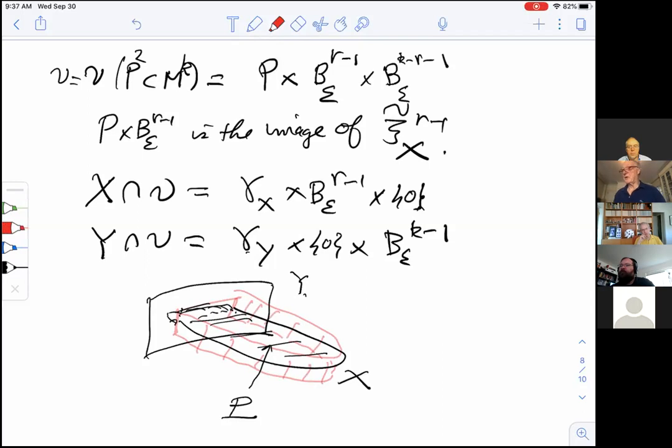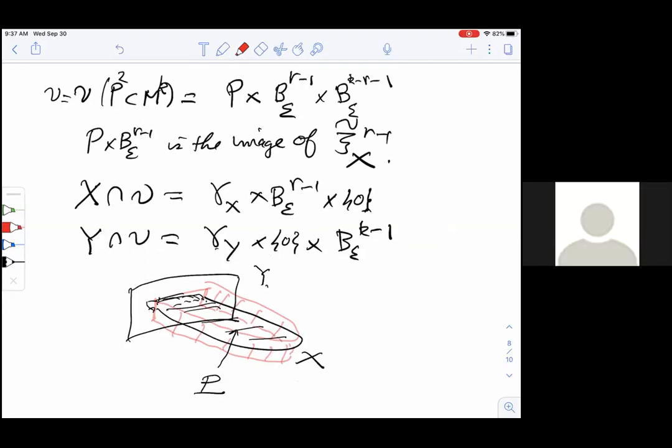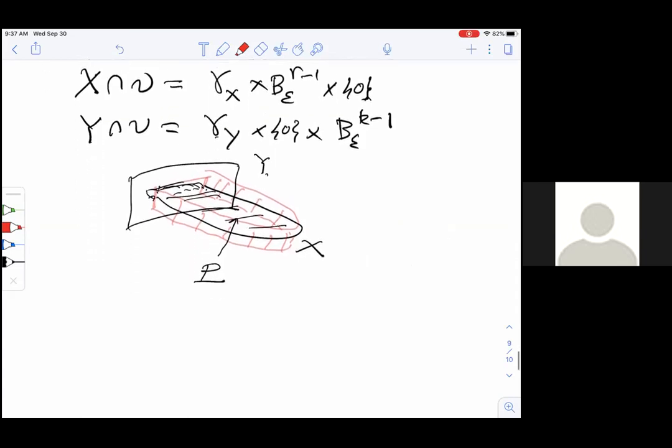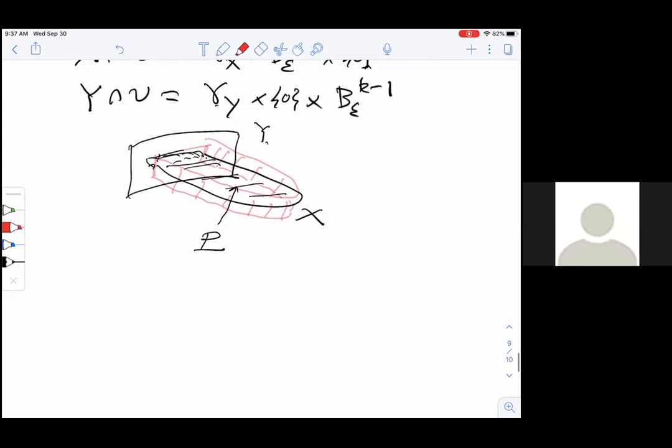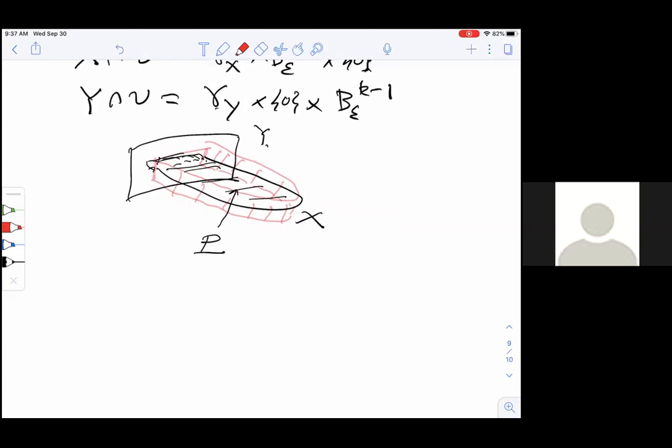And what I'm going to do is push a neighborhood of gamma X across this disk to the other side of Y, and do it in such a way that near the boundary there is no change in X. So let me think how I'm going to do that, the coordinates I want to set up here.